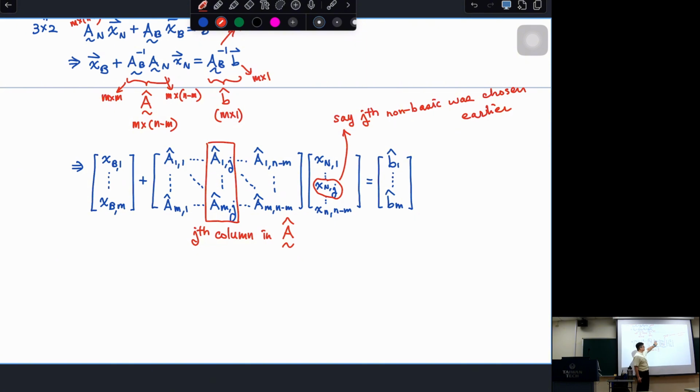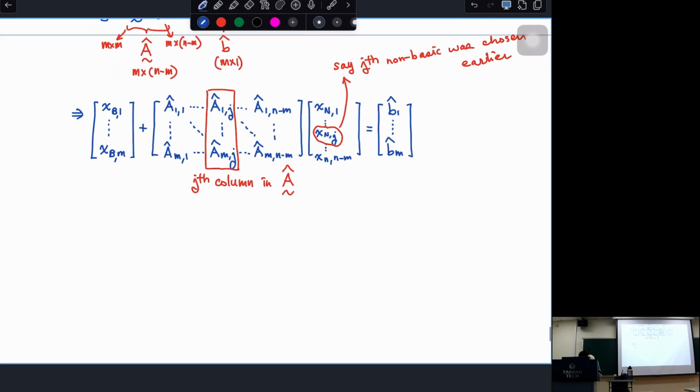So the rest, we don't care at this moment. We only care about this column because this column is going to multiply with the chosen non-basic component. Okay? So when we do that, we can actually rewrite in this form. It's like this.